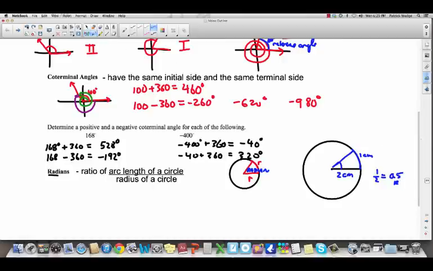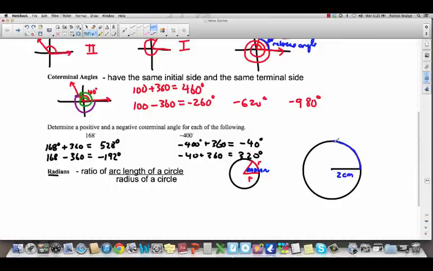Now, let's go back, same circle. Let's say again the radius is 2 centimeters. But let's say this blue line here, I extend it a little further, so that it's now 2 centimeters. This is 2 centimeters, the radius, and this is 2 centimeters along here. How big is this angle in radians? It's 2 over 2, which is 1. This is 1 radian right here. Okay, let's do one more.